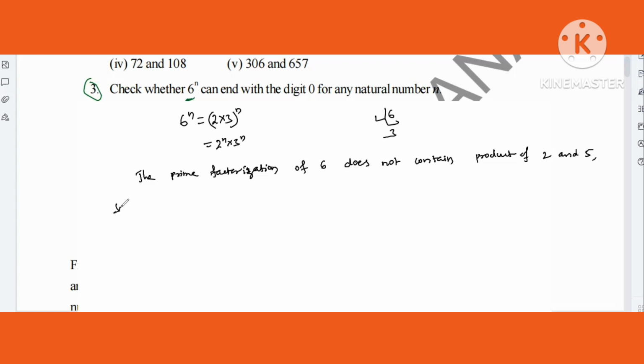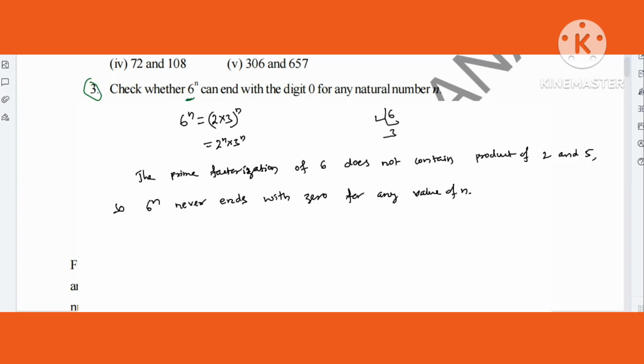So 6^n never ends with 0, for any value of n.